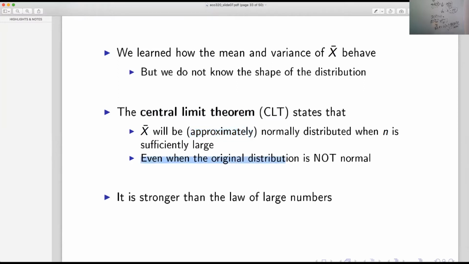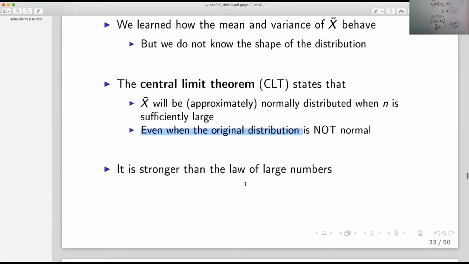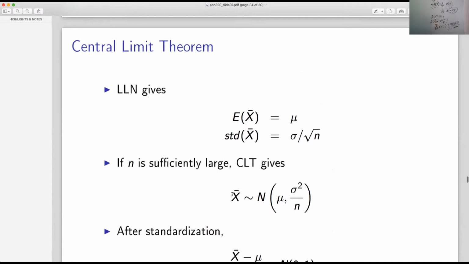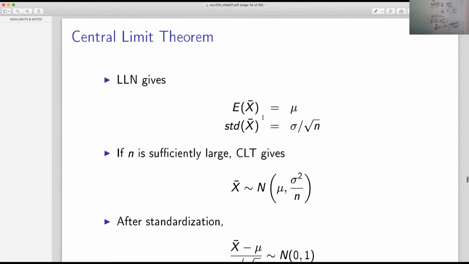So even when the original distribution is not normal, it's okay. It's much stronger than the law of large numbers. The law of large numbers gives expected value of X bar equal mu and standard deviation of X bar equal this, right? Because that was something we went over previously, when we did expected value.